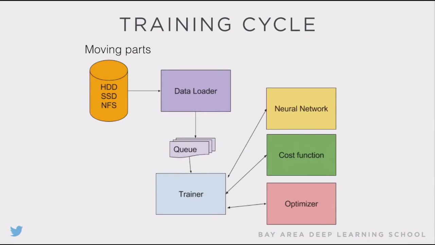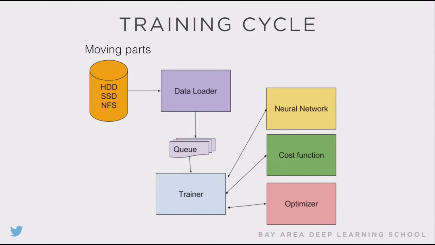So now I want to talk a bit about the frameworks that you'll use to actually train neural networks in Torch. So this is a schematic kind of cartoon of the pieces we typically need to train a neural network.